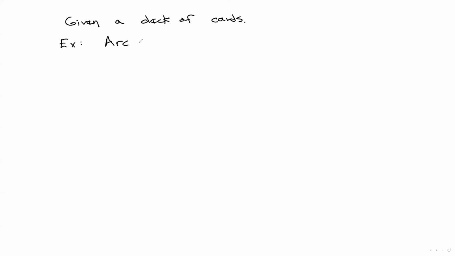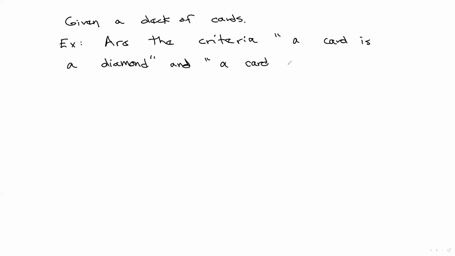Are the criteria a card is a diamond and a card is red dependent or independent?